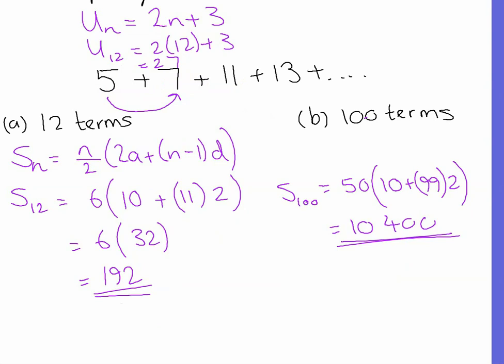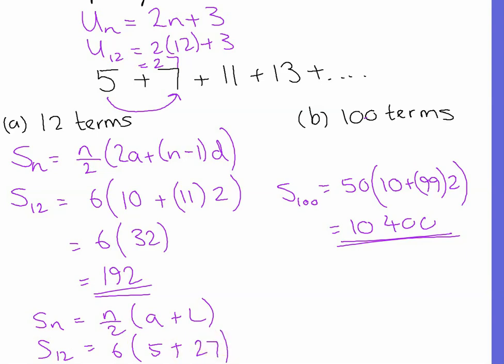So just to show you, if you use this formula, n over 2, first plus last, the sum of 12 would be 6 lots. The first number is 5, the last number, the 12th term, was 27, and you'll find that 32 times 6 is also 192. A little bit longer to use the shorter formula, so I wouldn't bother in this instance, but I'd only actually ever use it if I was given the last term.